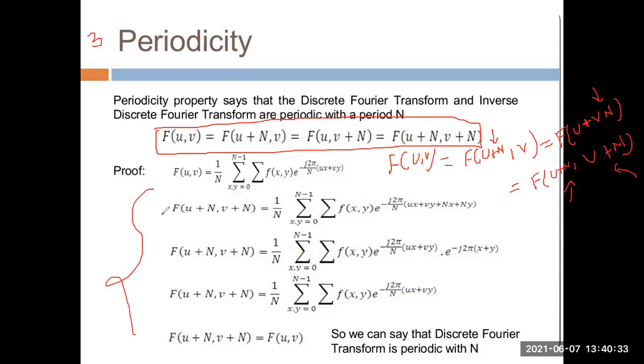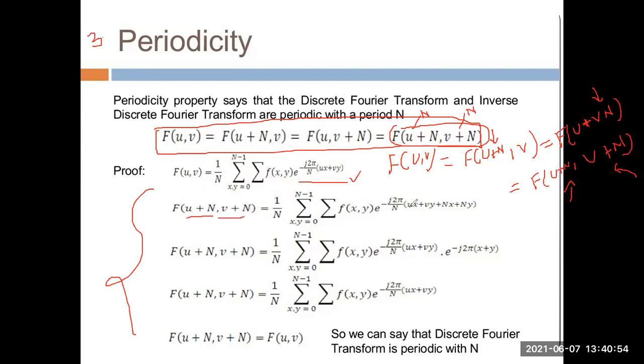Now we can prove this easily. So how to prove it? F of uv is given by this equation. Now suppose I want to find this periodic transformation with respect to the n period in the x direction and n period in the y direction. Now I have to find f of u plus n, v plus n.